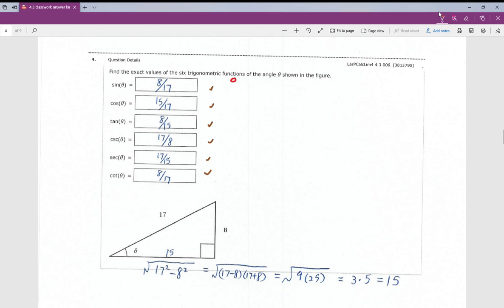Sine is opposite over hypotenuse. Cosine is adjacent over hypotenuse.